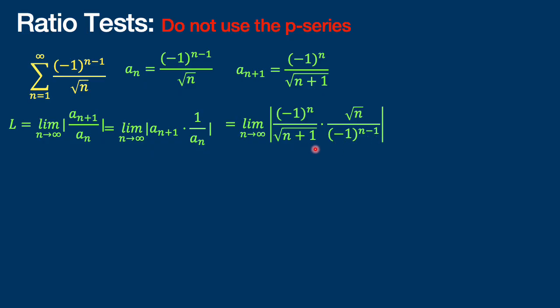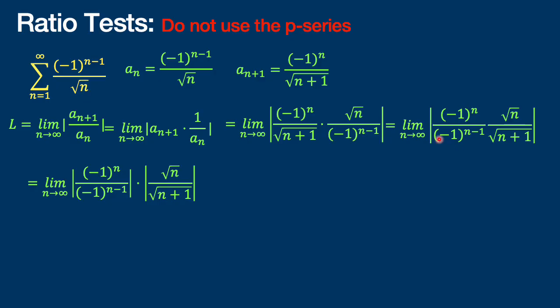Let's switch to this spot. So you have (-1)^n over (-1)^(n-1), times square root of n over square root of n+1.